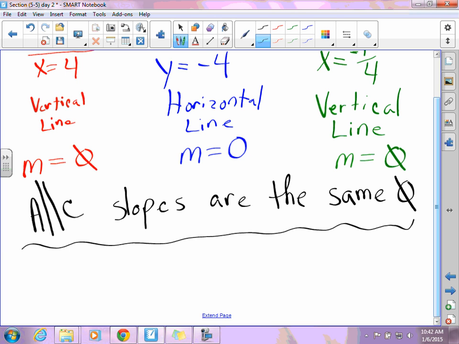They're opposite reciprocals, but more importantly, they're horizontal and vertical lines, and we know that they are perpendicular. And so one line is horizontal, and the other line is vertical.